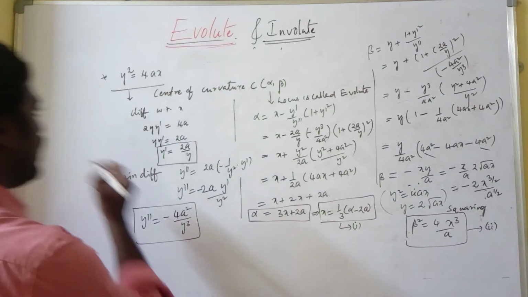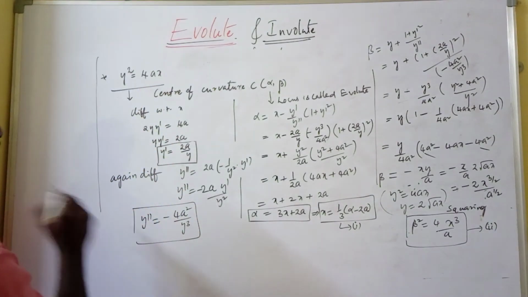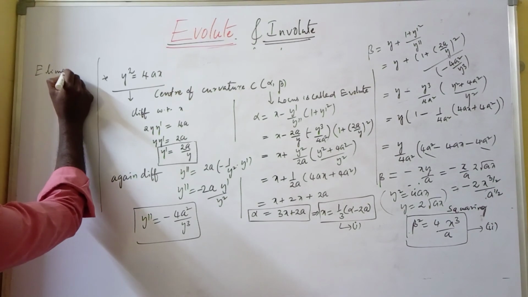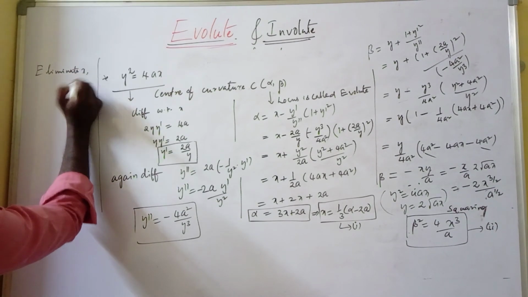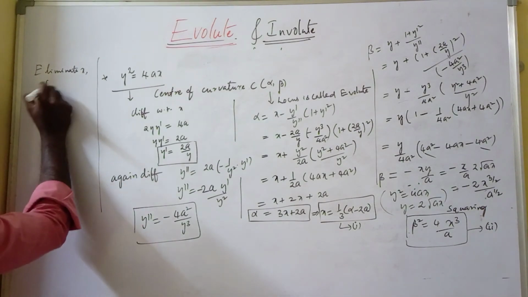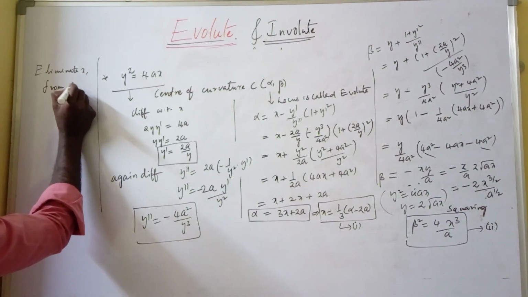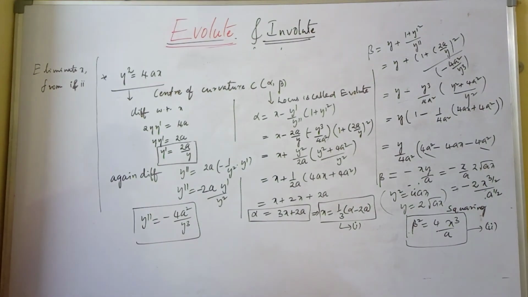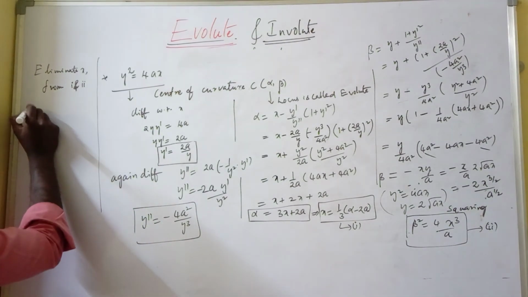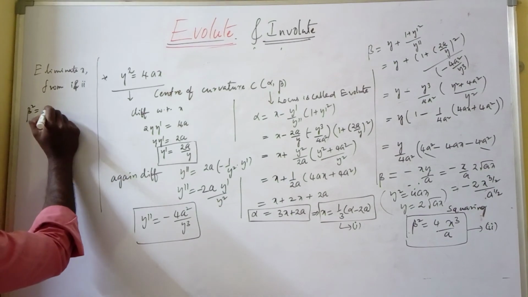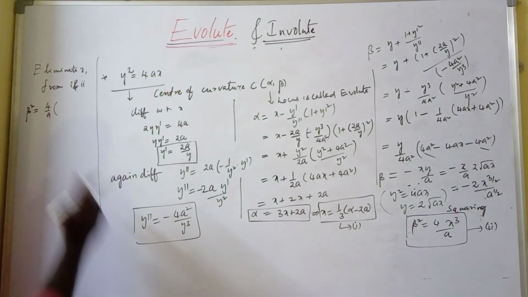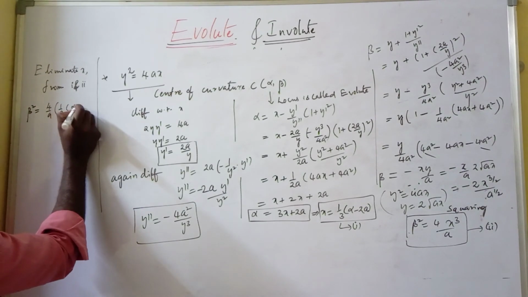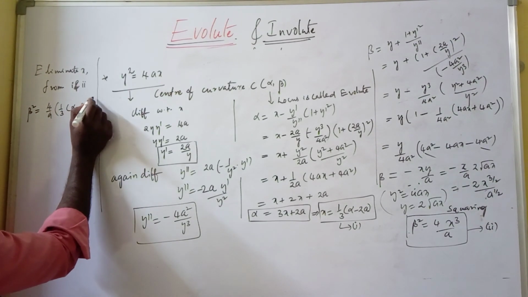So eliminate x from 1 and 2. That one is beta square, which is equal to 4 by a into x value, here 1 by 3 into alpha minus 2a whole to the power of 3.